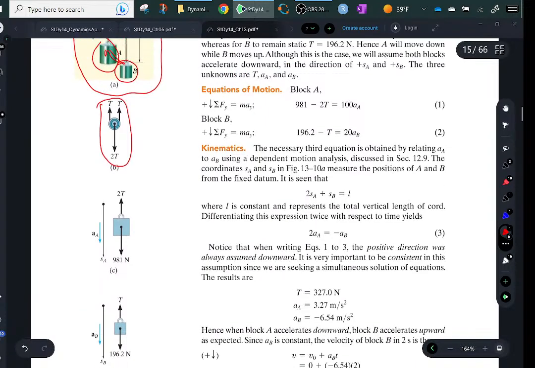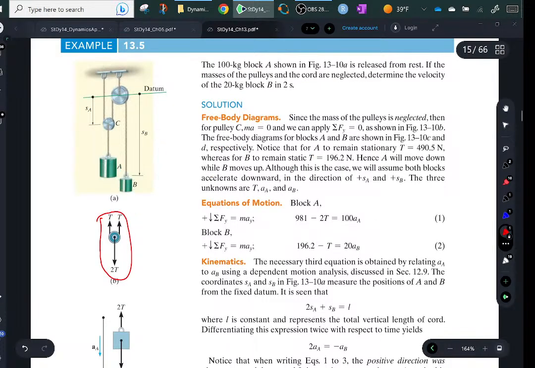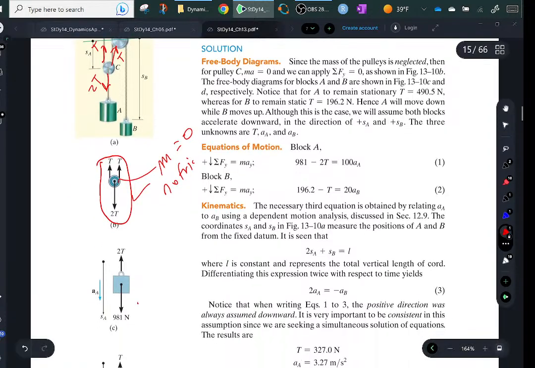I don't know that I would do that, but hey, he says, if I take this and have a tension here and a tension here, well, this one's twice that tension, given the fact that this has no mass and has no friction. So if it has no mass and no friction, then you can just take that 2T and put it right here.